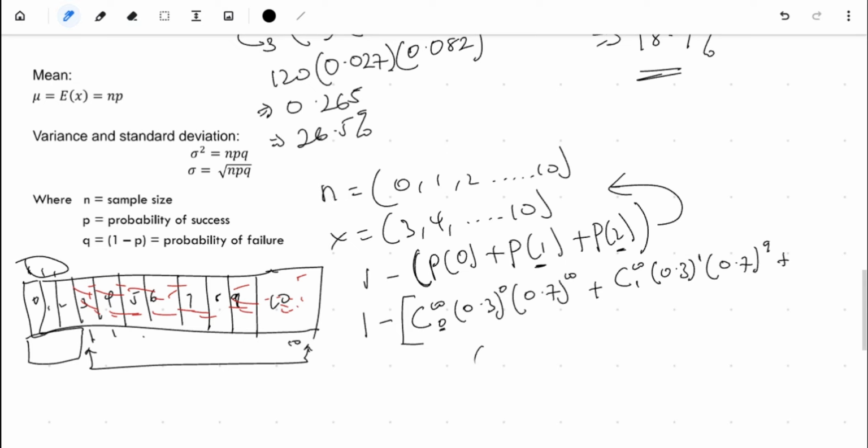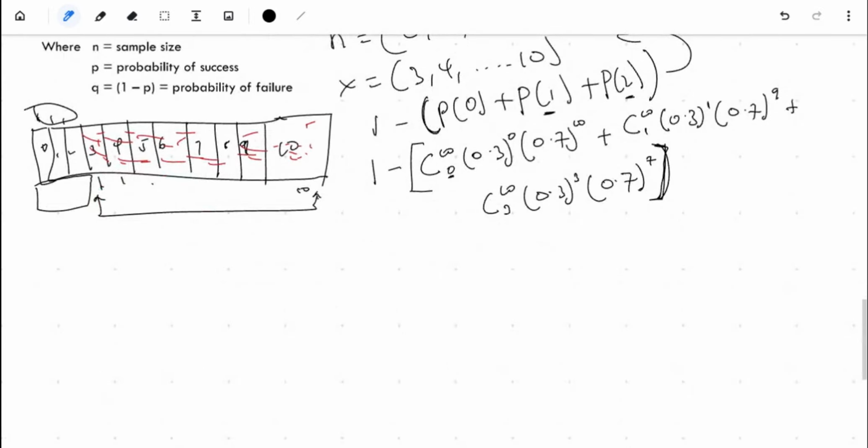I'll write it here. So let me bring it here. So combination of 10, 3, 0.3, 0.7, 7. Right. So you find them. To save time, I'm punching everything into the calculator. I'll punch this as a whole, and this too as a whole. So we have 1 minus.